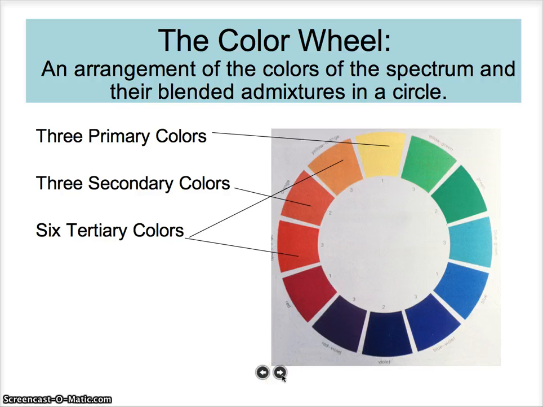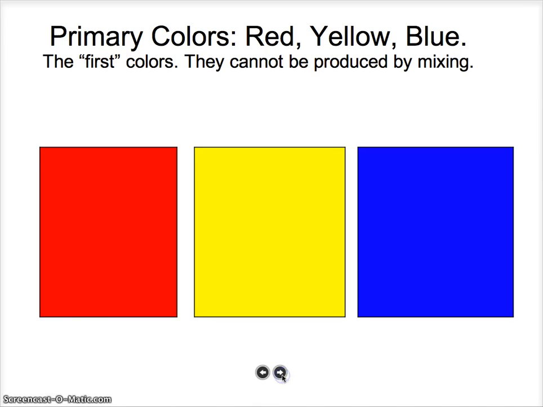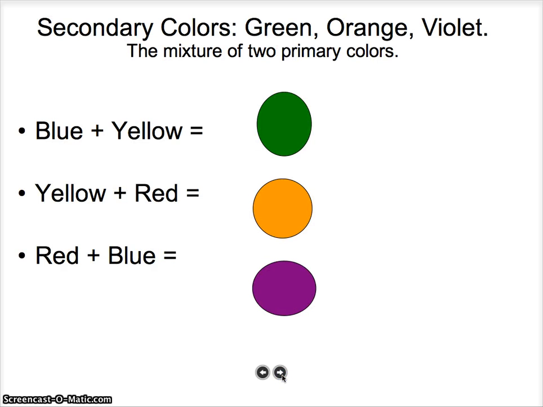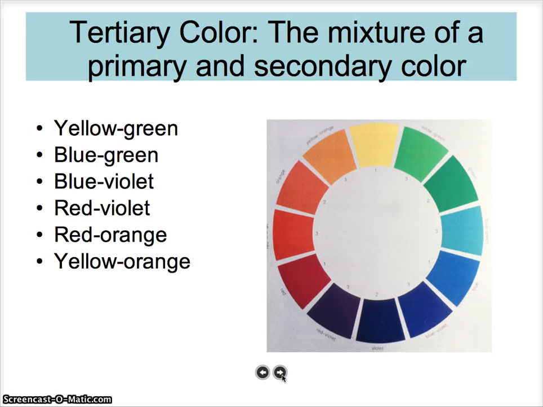There are different primaries and secondaries that make very different tertiaries, etc. So that is something more advanced that you can learn later. Primary colors are the first colors. They cannot be produced by mixing. Secondary colors, the mixture of 2 primaries. Tertiaries, the mixture of a primary and a secondary.